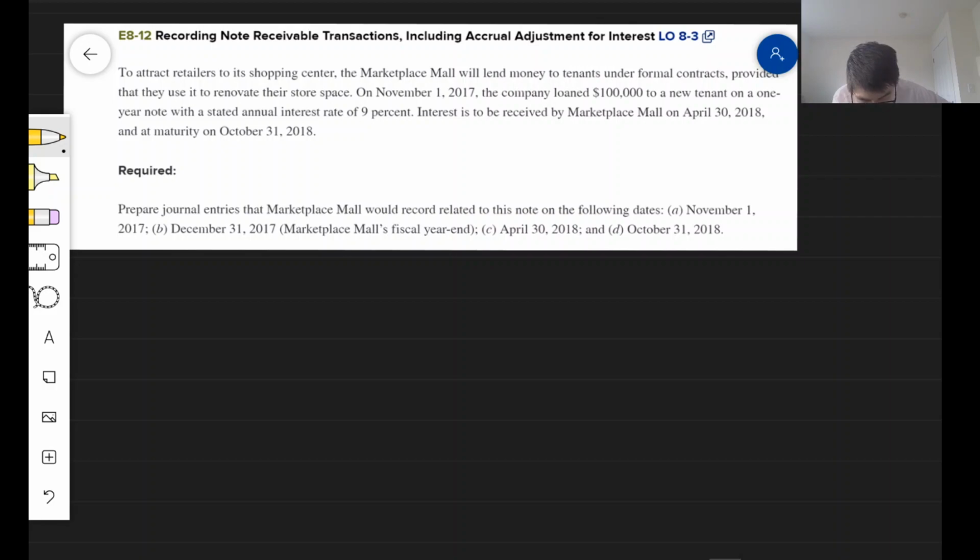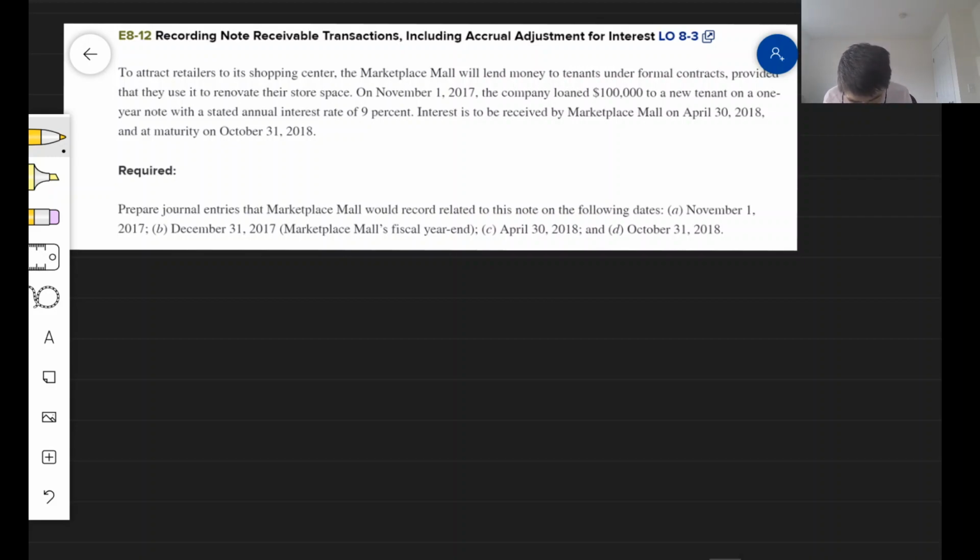Interest is to be received by Marketplace Mall on April 30th, 2018, and at maturity on October 31st, 2018. Required: prepare journal entries that Marketplace Mall would record related to this note on the following dates: November 1st, 2017, December 31st, 2017, April 30th, 2018, and October 31st, 2018.